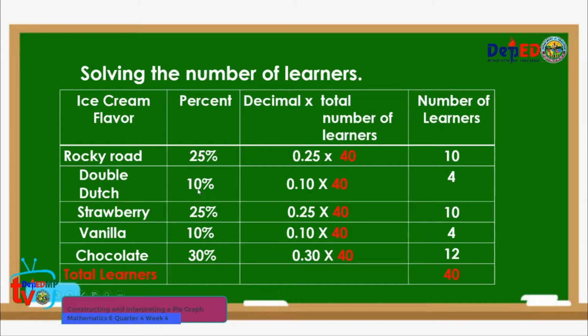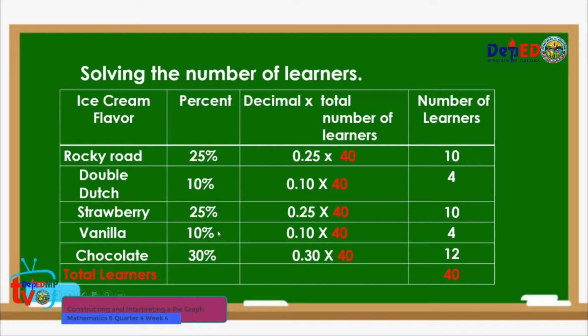Double Dutch has 10%. Now change this 10% to decimals, and it becomes 10 hundredths. Then multiply it to 40. Then it is equals to 4 learners. Strawberry has 25%. Change this 25% to decimals, and it becomes 25 hundredths. Then multiply it to 40, and that is equals to 10 learners. Vanilla has 10%.